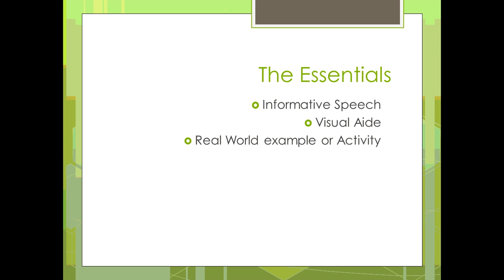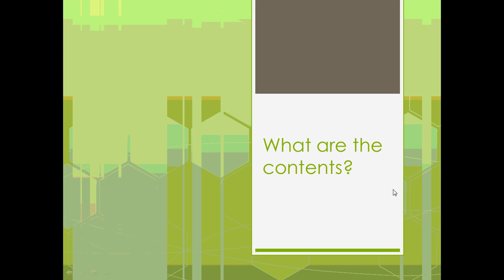And then lastly, you're going to create a real-world example or activity that helps your classmates better understand just how your energy source functions as an energy source. And we'll get into that in a little bit.